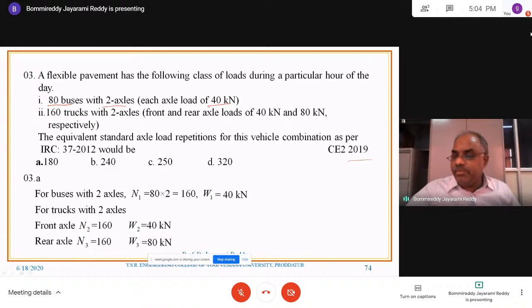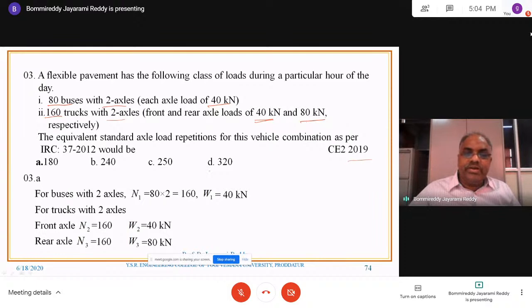So such a type of 80 buses are passing. And at the same time, 160 trucks are passing with 2 axles, front and rear axles. The front axle load is 40 kilonewtons and the rear axle load is 80 kilonewtons respectively.